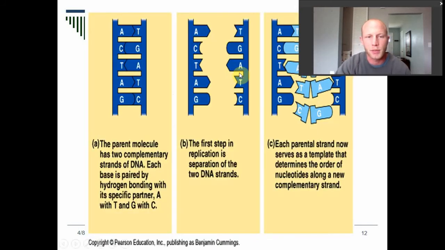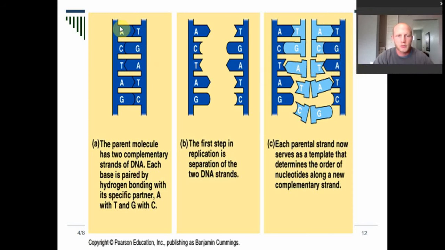Again, something you can know, but we don't have to write this down. All right, so we have our parent molecule up here. Double-stranded, right? Adenine always pairs with thymine, cytosine with guanine, thymine with adenine, guanine with cytosine, right? This parent strand in replication gets split in two, and now each parent strand serves as a template. So this is the original, and now a new DNA strand is being placed on it to replicate the DNA.